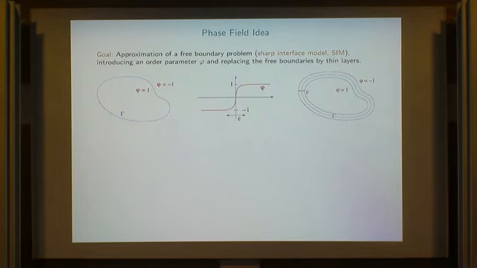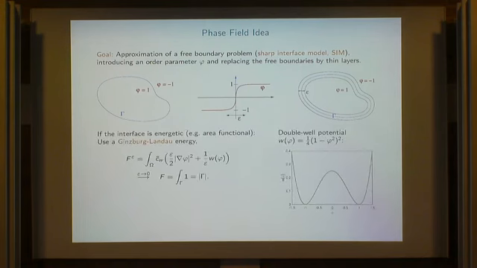You can achieve this, for instance, if the energy is carrying some sort of energy. For instance, in the limiting problem, it's pretty much what we had in the example before, there's an underlying energy such as the area functional. Then you can approximate this by such a functional, the Ginzburg-Landau energy. It's got a double-well potential, and we call it a double well because it looks like a double well.